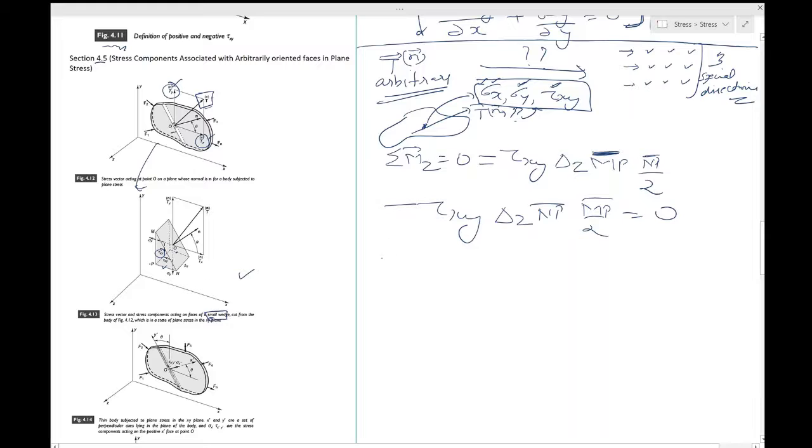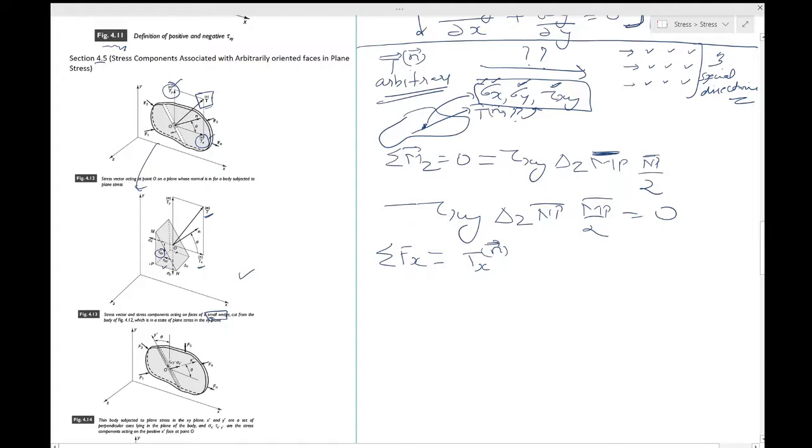And secondly, you will have a sigma fx, that would be in the x direction. What all do you have? Well, first thing you have is the traction vector. So what you do is you take the x component of this vector and then multiply it by the respective areas. So the traction x component, this is a scalar. Okay, tx is a scalar.